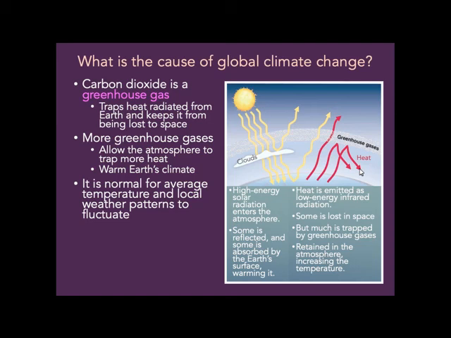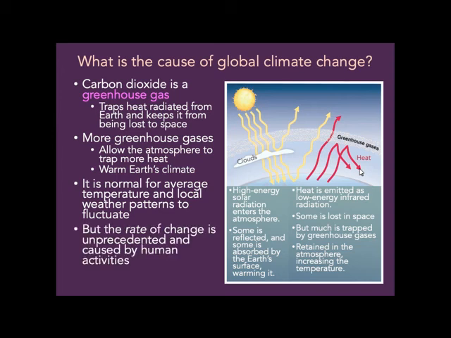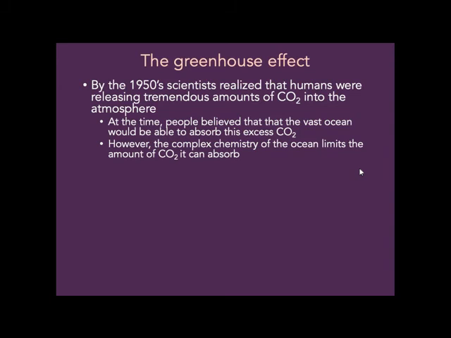However, things may have been going a little bit crazy with the amount of greenhouse gases that we currently have on Earth. It is totally normal for average temperature and local weather patterns to go up and down a bit, no question about that. But the thing that we're actually noticing is that the rate of this change is unprecedented, and we know it is caused by human activity. So let me show you some of the data on this.